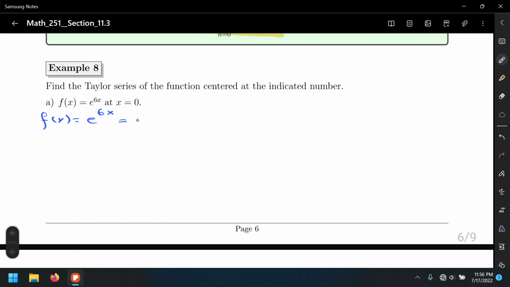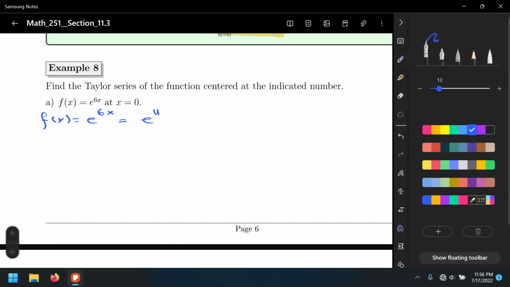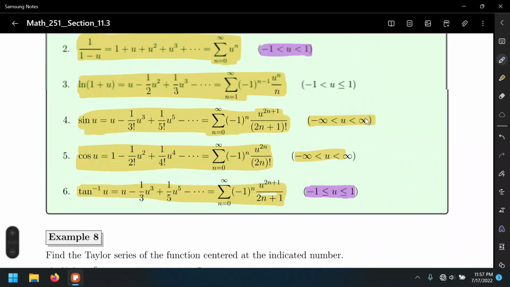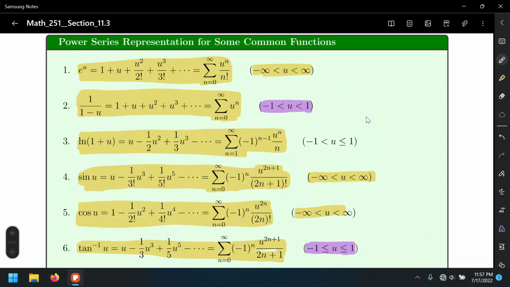If we write this as e to the u, then we need to state that u equals 6x. So this will be e to the u, which has a sigma representation. Let's just use the formula from the definition box above. Let's use this one right here.